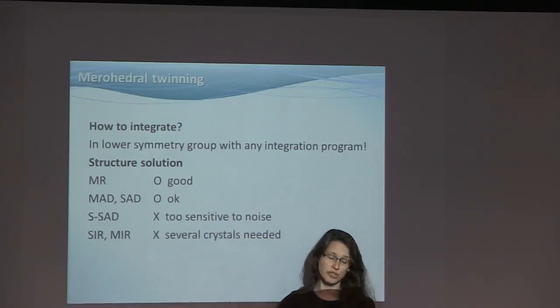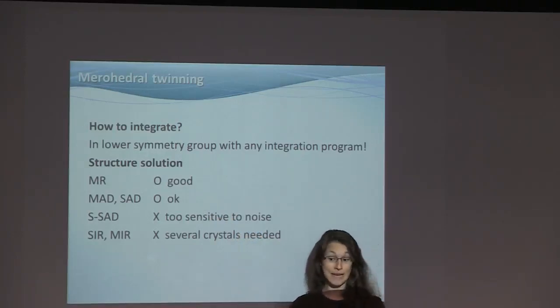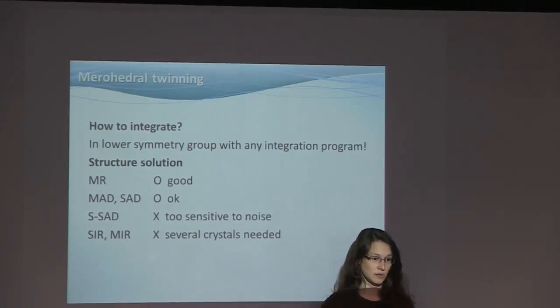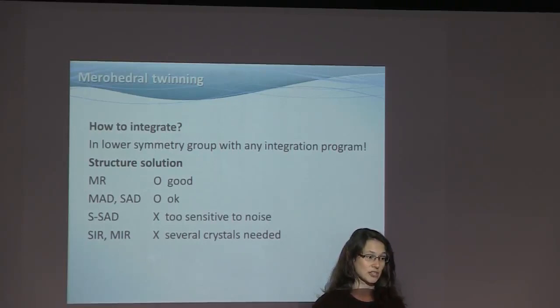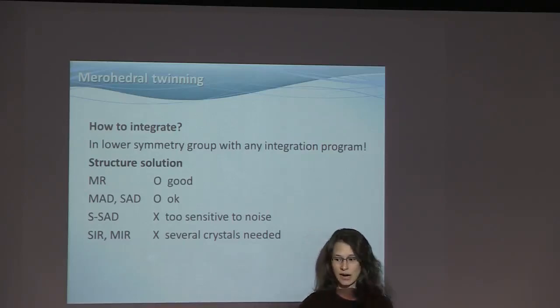For structure solution, we use molecular replacement, which usually works well, MAD or SAD. But we cannot use sulfur SAD because it is so sensitive to outliers and actually suffers quite a lot from the changed intensity distribution. And SIR and MIR also don't work.